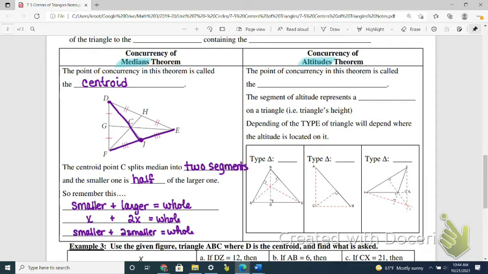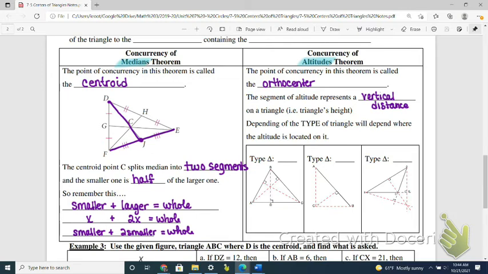The point of concurrency in this theorem of the altitudes is called the orthocenter. The segment of the altitude represents a vertical distance on a triangle. It is the triangle's height. That's why we've seen it since middle school. The altitudes are the perpendicular heights. It's what we've always used for the h when we've done area of a triangle.